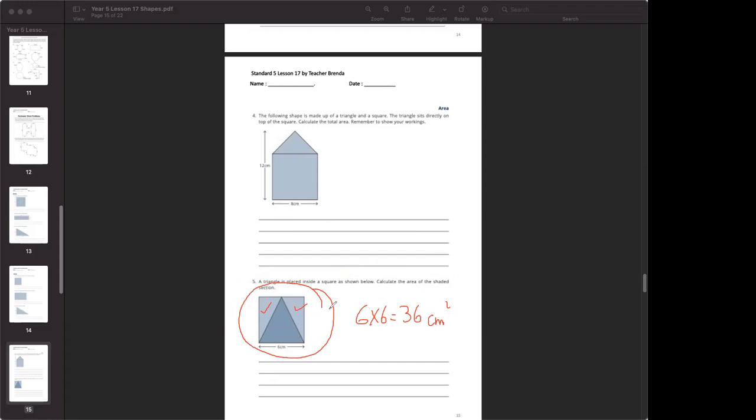That is the area of the square. And you have got to minus it with that triangular part here. So find the area of the triangle. And of course, you know the height of the triangle is 6. So you work out the rest of the calculation. Okay? No problem.